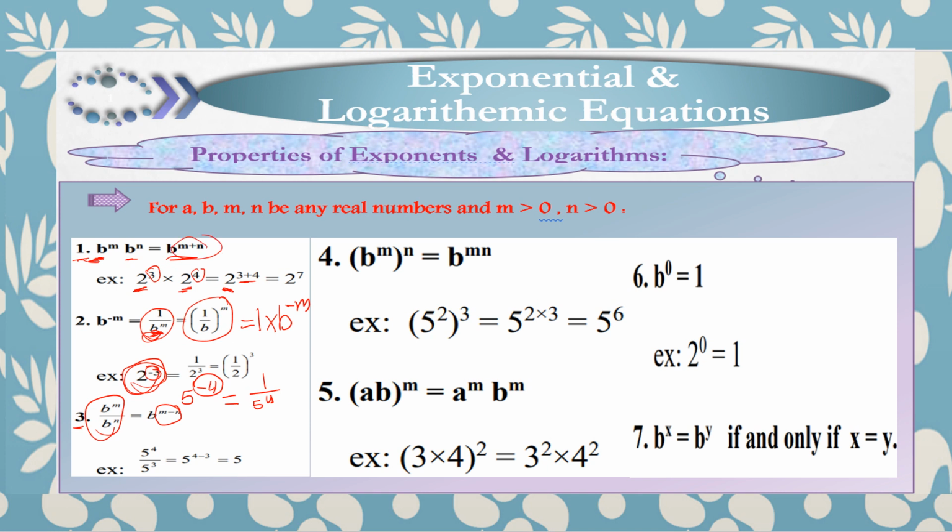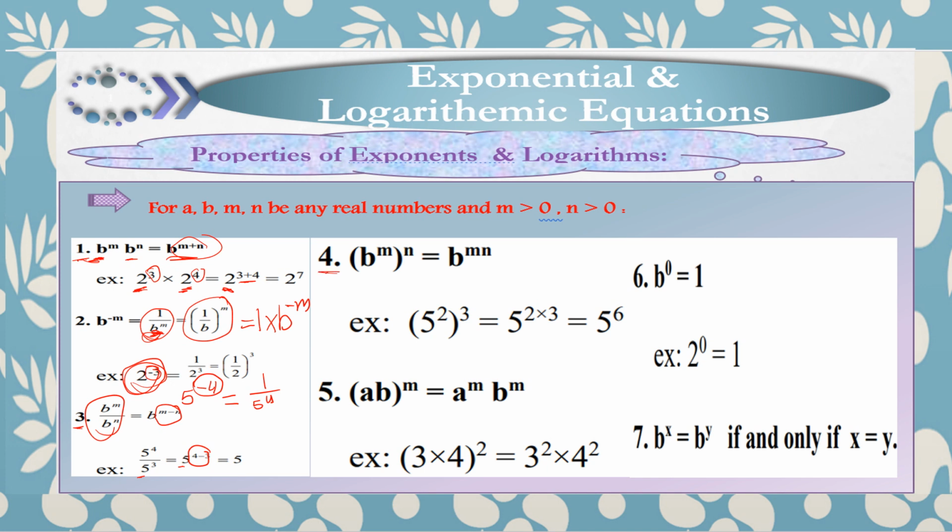For example, 5 to the power 4 over 5 to the power 3 means 5 to the power 4 minus 3. So in the division rule, we subtract the exponents if we have the same base with different exponents, but in the multiplication rule, we add the exponents.